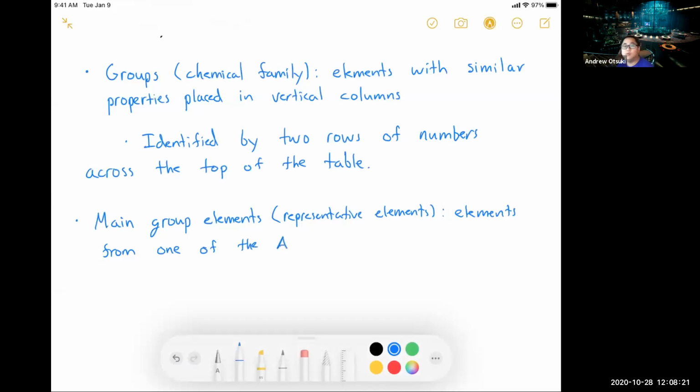The A groups are the main group elements, and the B groups are what we call transition metals. We won't talk about them yet. The A groups are 1, 2, and 13 to 18.